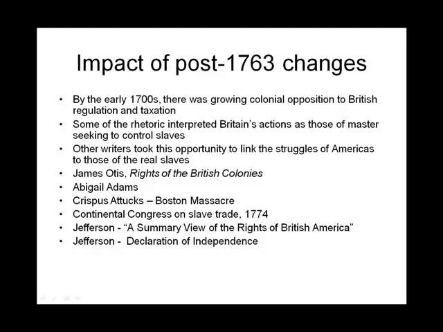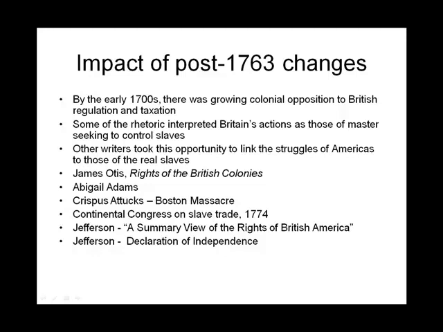Abigail Adams, the wife of colonial patriot John Adams, made the same point in 1774 when she said, quote, "It always appeared a most iniquitous scheme to me to fight ourselves for what we are daily robbing and plundering from those who have as good a right to freedom as we have," meaning the slaves.